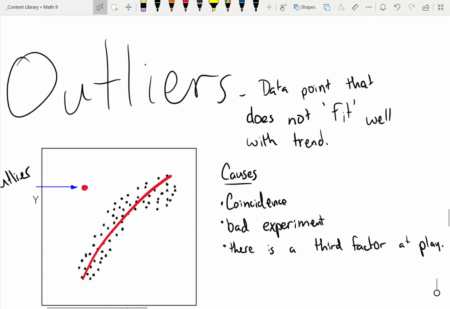So there's a third variable that we're not sure about. You can think that there's a hidden variable, something that's changing the value in a way that we're not expecting it to.